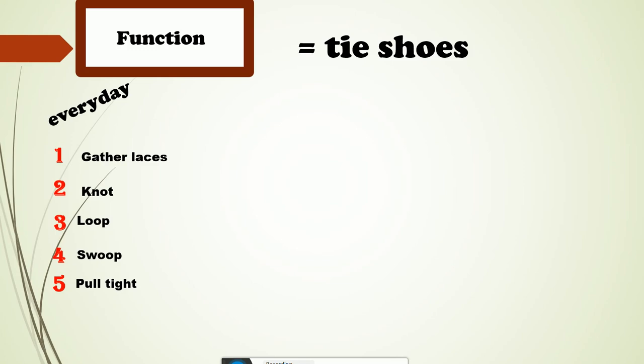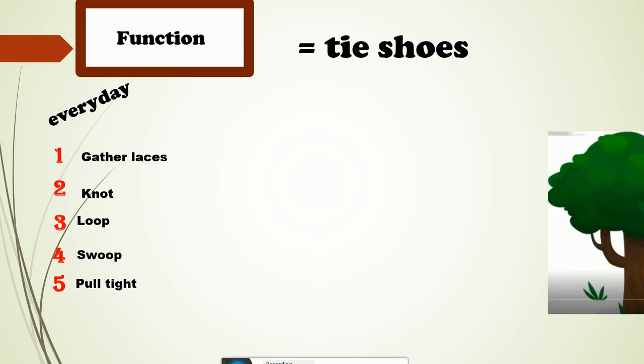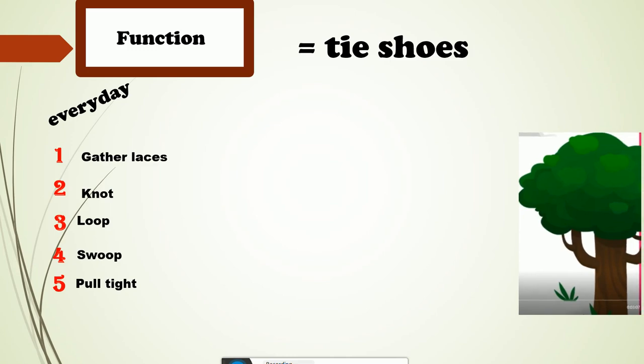So when you're ready to go outside, tying up your shoes, you probably do not stop and think about every single step in the process. You just tie your shoes.